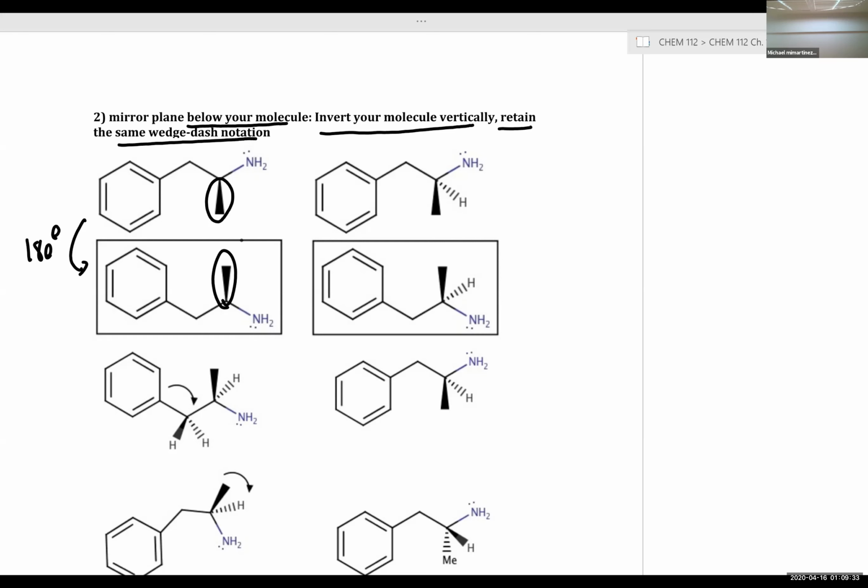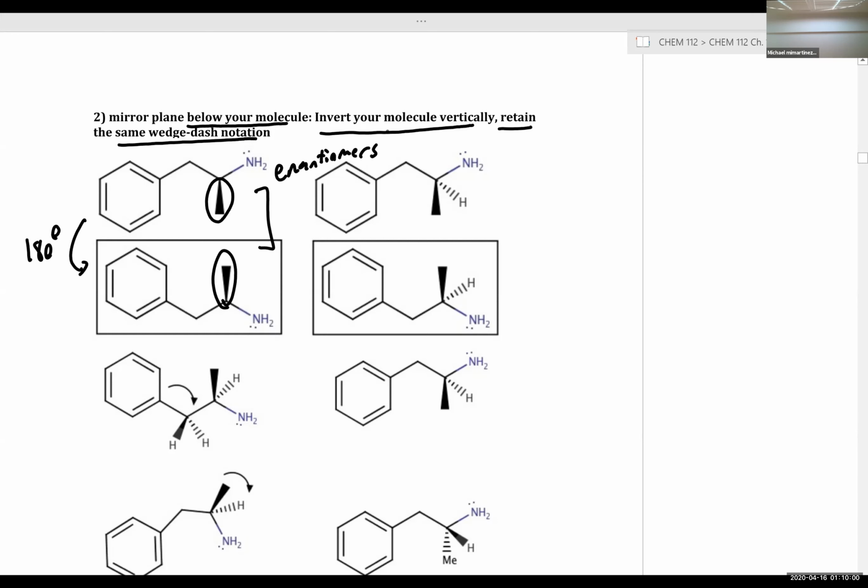Okay, to help you see the fact that these two molecules here are enantiomers, let's take a moment to observe how to rotate molecules and how to visualize the rotation of molecules.